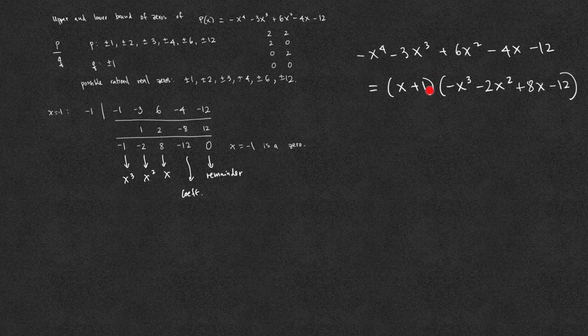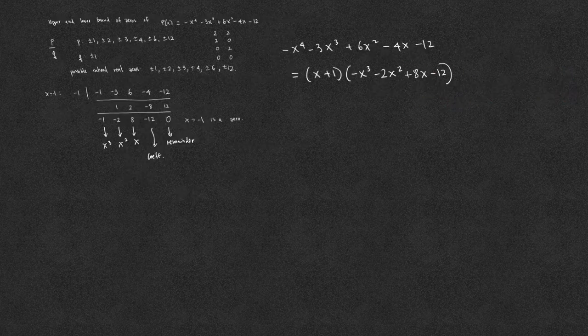One is linear and the other one has degree 3 only. Moving on with our search, we now need to check to see if negative x cubed minus 2x squared plus 8x minus 12 has any of the numbers in the remaining list of the possible rational real zeros.